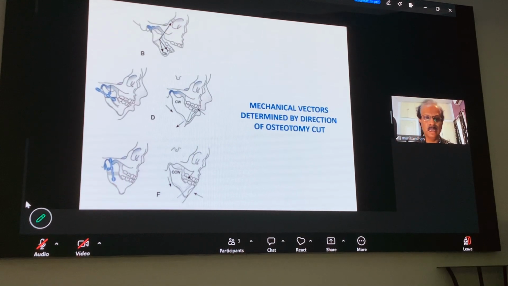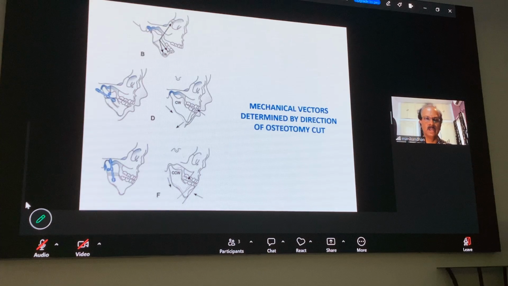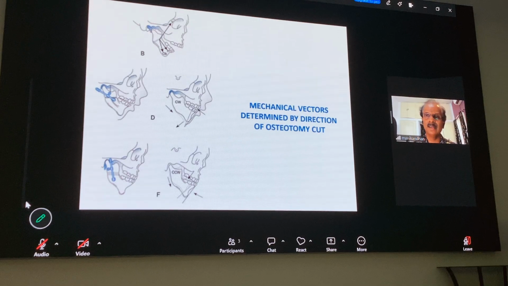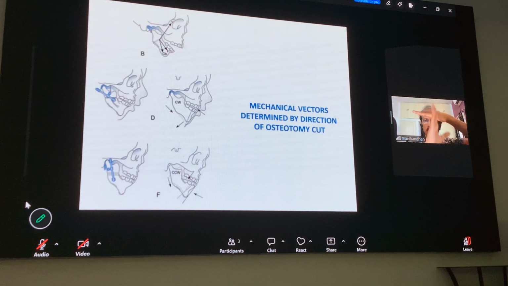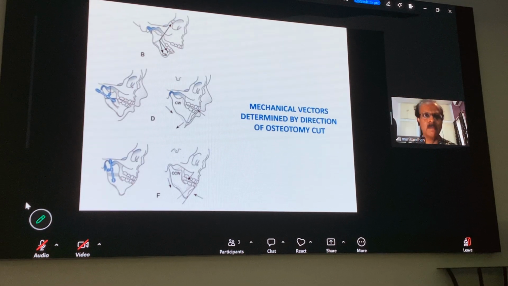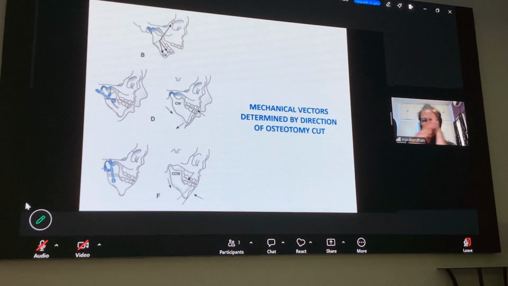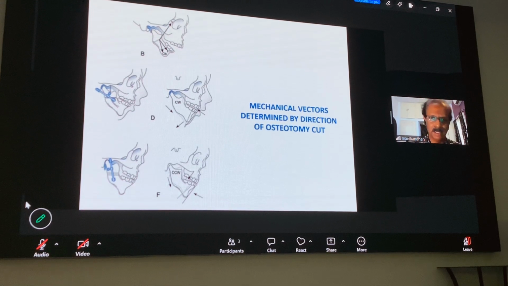So these mechanical vectors, sometimes you have to know how do I decide where to put the distractor on an osteotomy site. So you have an osteotomy site, you have to put a distractor and put it in the function like this. And that is what is important. Putting it in the right way. You can't make an osteotomy cut and put a distractor like this or something. The direction may not be good. That is also very, very important to understand.